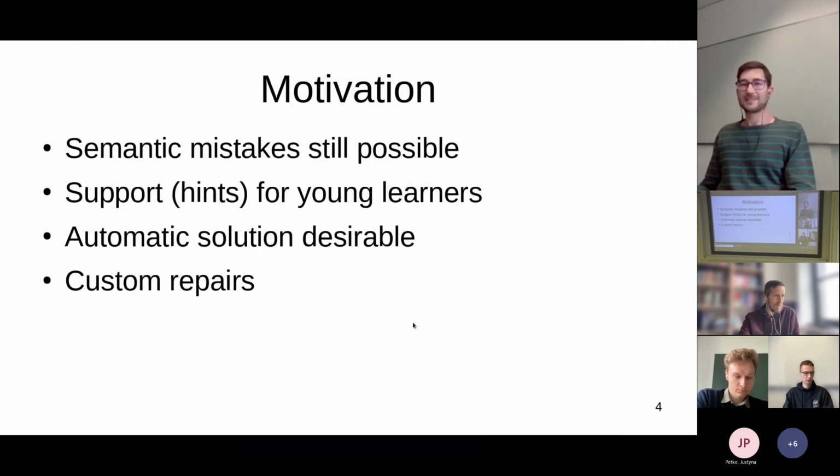So it's clear that even though it's impossible to make syntax errors, there are still countless ways to make semantic mistakes. You can still introduce arbitrary bugs in your code. And yeah, that's very frustrating. We've all been there, but it's particularly frustrating for young learners because they don't have that much experience with programming and they need particular care and attention and support if things don't go as planned.